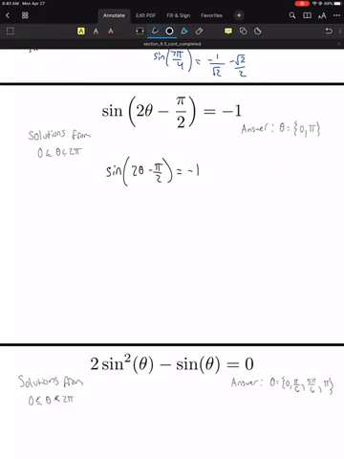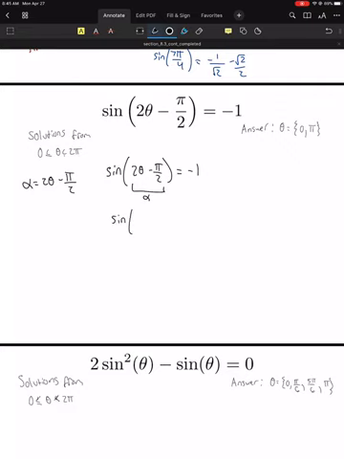This is a situation where there's something more complicated inside of sine than I want to deal with. So I'm going to rewrite all of this as alpha. Alpha equals 2 theta minus pi over 2.